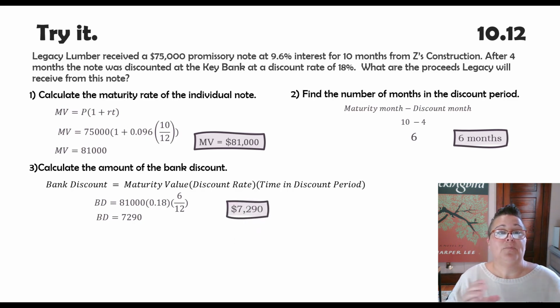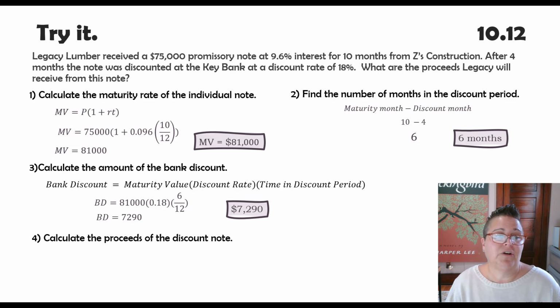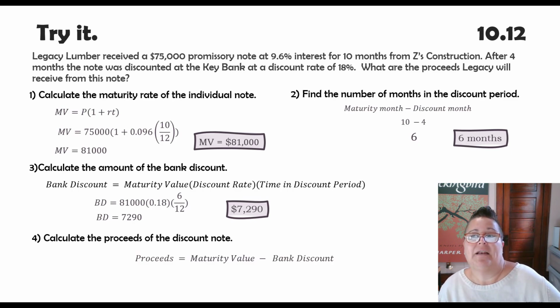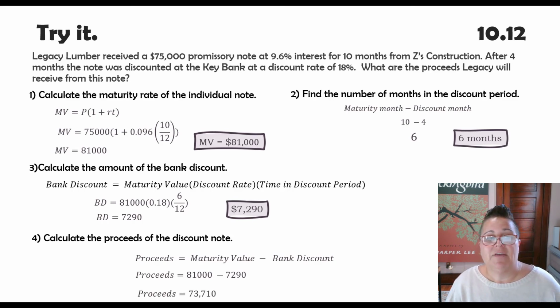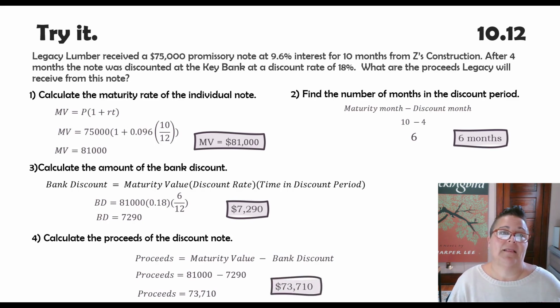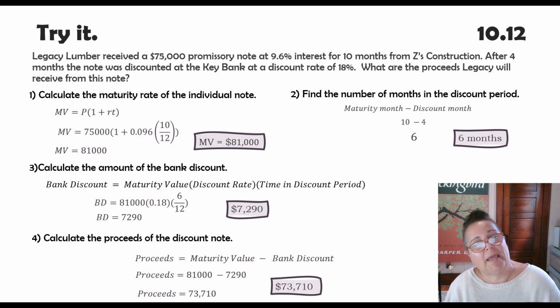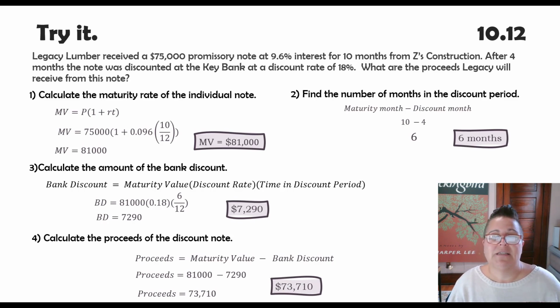That means that the proceeds on this particular problem would be the maturity value minus that bank discount, or 81,000 minus the 7,290, giving them $73,710. The proceeds, the amount that Legacy Lumber will get from the bank, is $73,710.